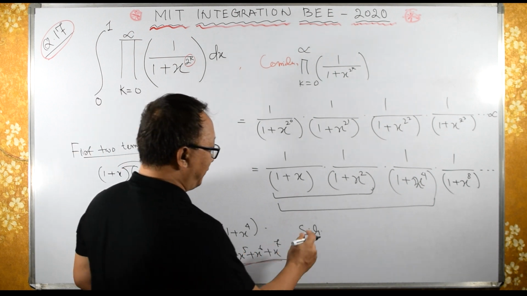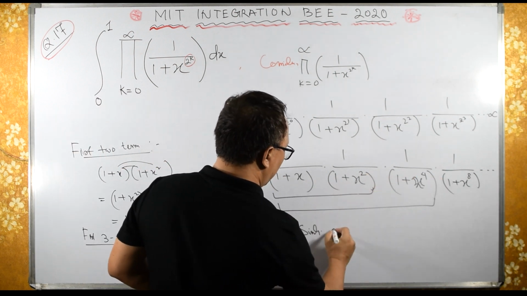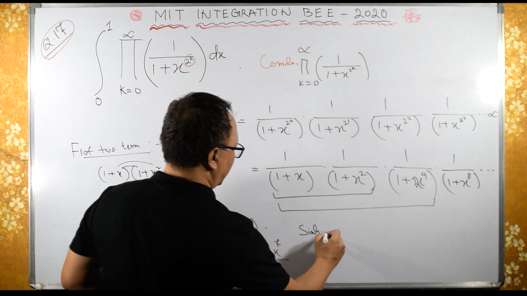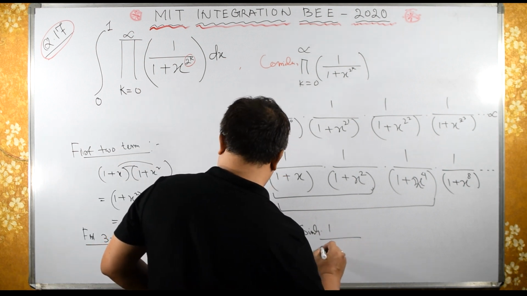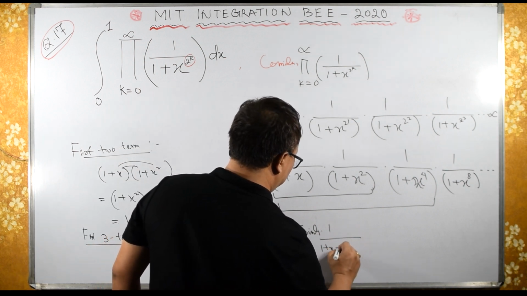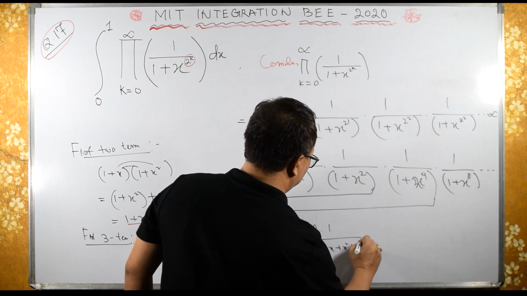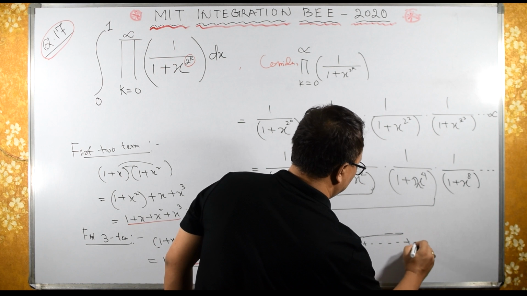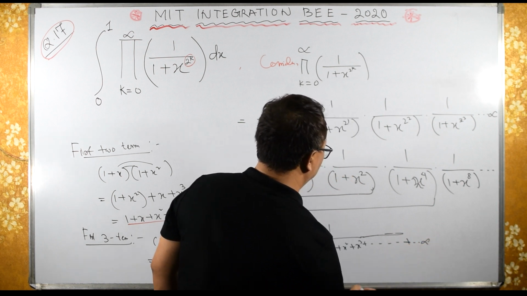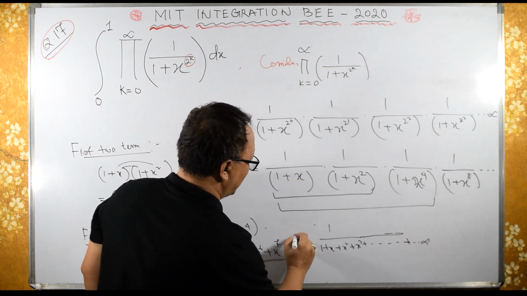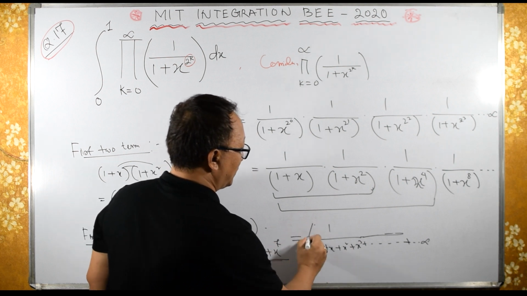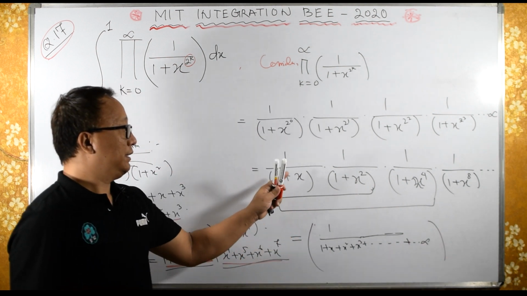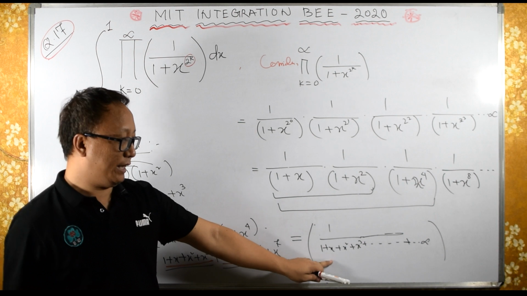So similarly, the whole denominator is 1 plus x plus x square plus x cube and so on, up to infinity. Therefore this equals this.